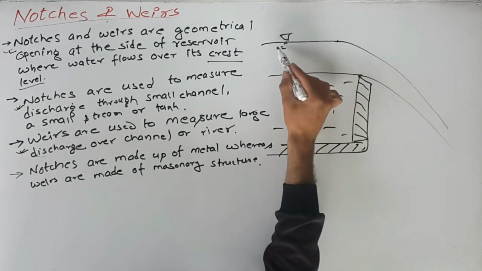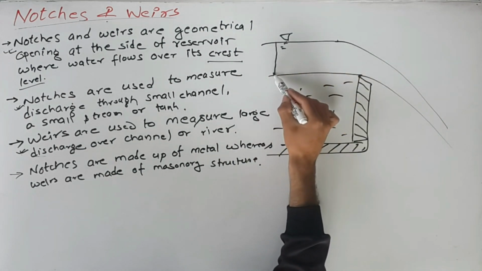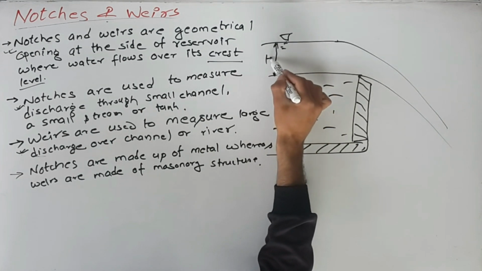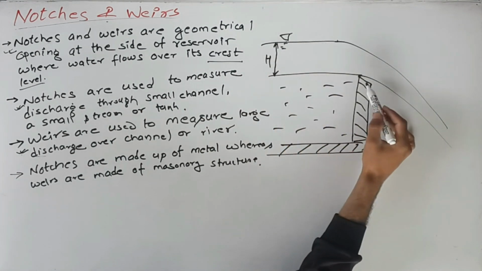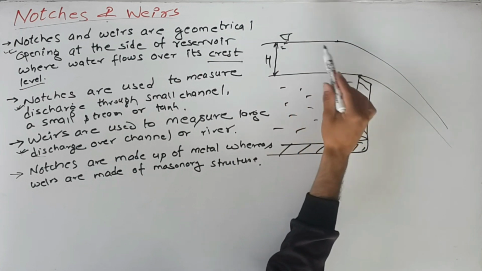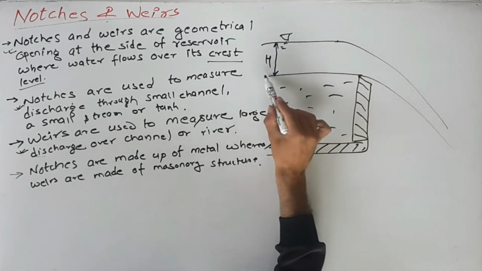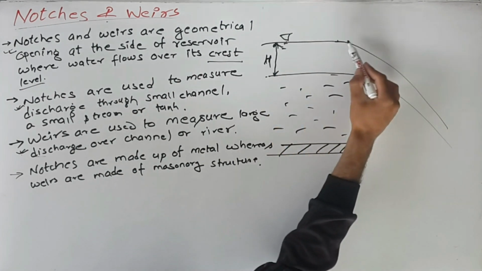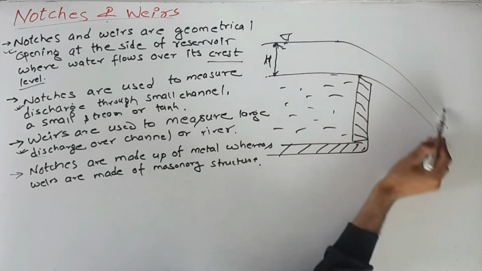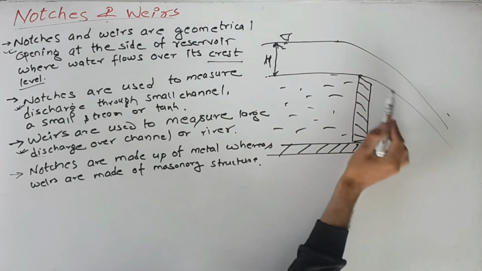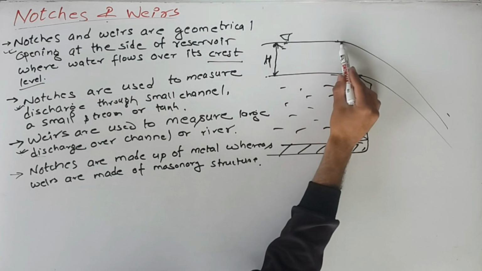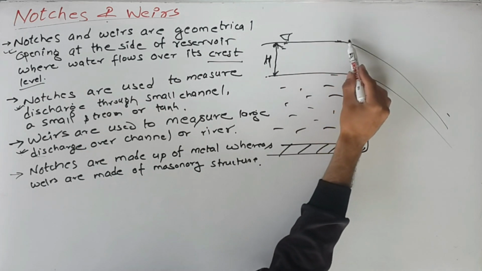Here this is the free surface, and this height is h. This height h is the head over the crest. This is the crest line, crest level, and this free surface bends downward from here. We can draw a straight line.